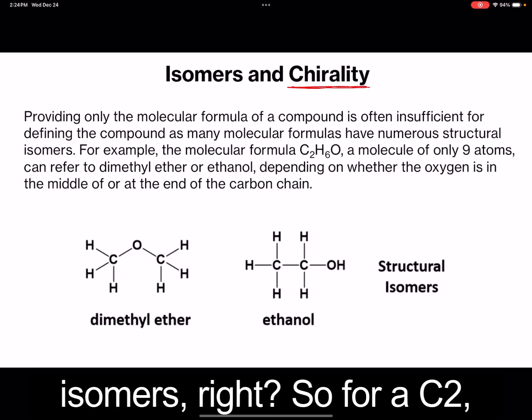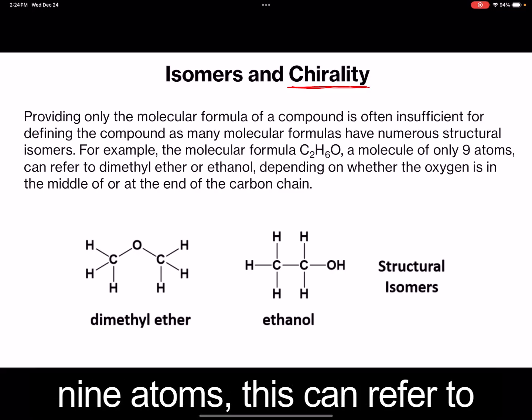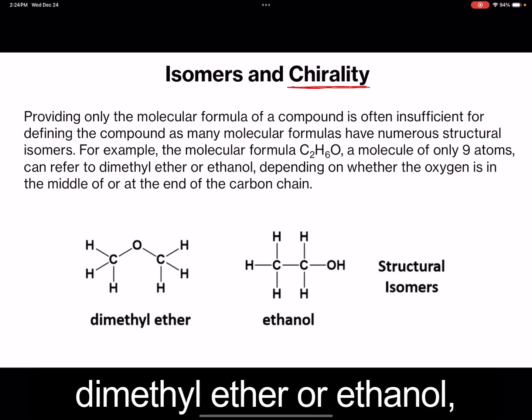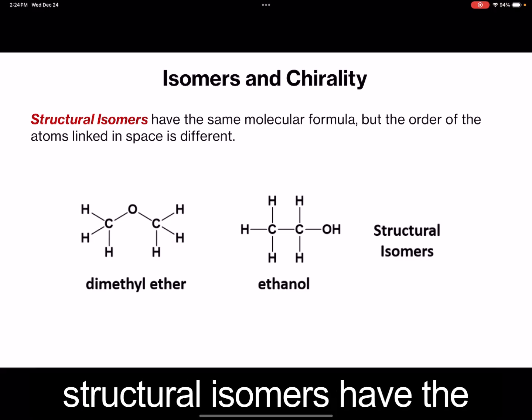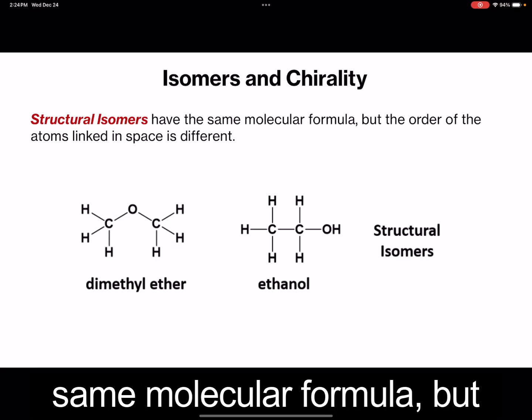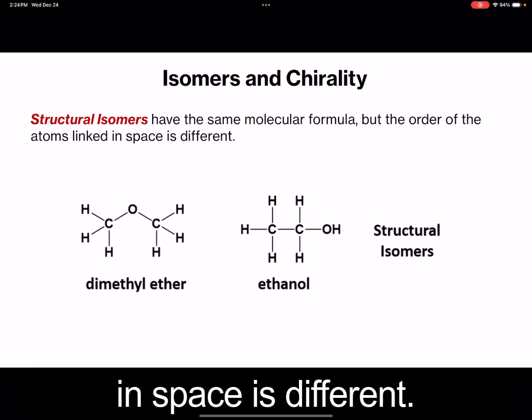For a C2H6O molecule that only has 9 atoms, this can refer to dimethyl ether or ethanol, depending on how you put them together in space. So structural isomers have the same molecular formula, but the order of the atoms linked in space is different.